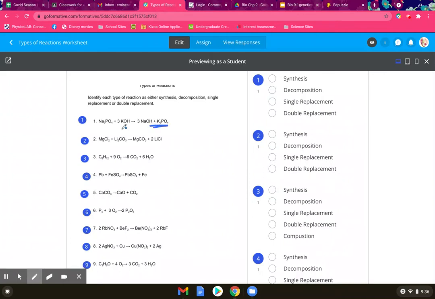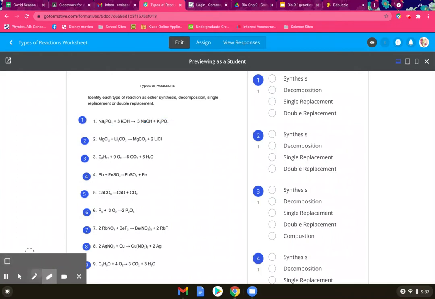It could be a synthesis if I have two things for reactants and then one substance over here. But for the most part, it's just going to be a double replacement. Let me look at another double replacement. So down, number 7. Compound, compound, and then the BE and the RB change partners. So that's one way that you can tell it's a double replacement.